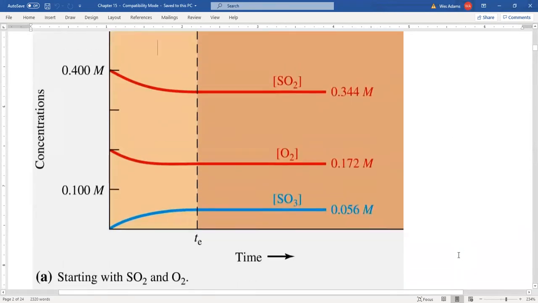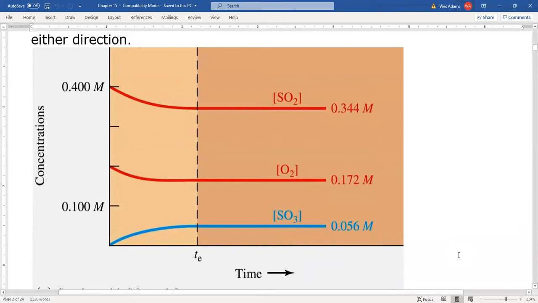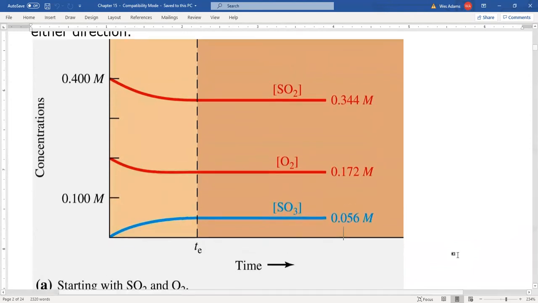Graphically speaking, we could start with SO2 and O2 and allow the SO3 to form. That's exactly what this graph shows: the SO2 and the O2 diminish to a certain concentration, and the SO3 will increase from 0 to a concentration over time.